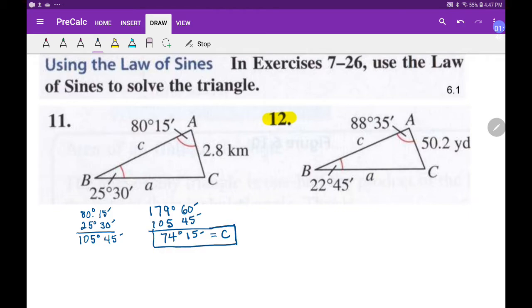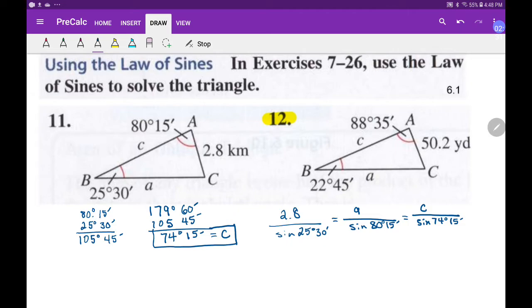And so that's useful to me. So anyway, I know B. I know the side across from angle B. So I'm going to say 2.8 over the sine of B, which is 25 degrees, 30 minutes, is equal to A over the sine of 80 degrees and 15 minutes, which is equal to C over the sine of 74 degrees and 15 minutes.